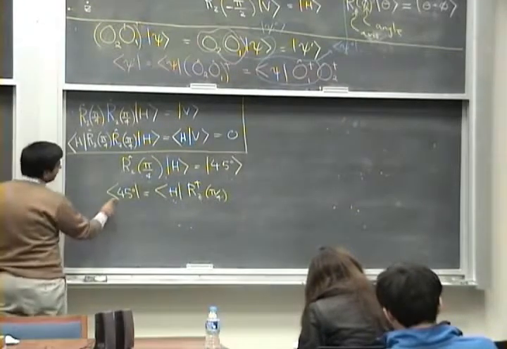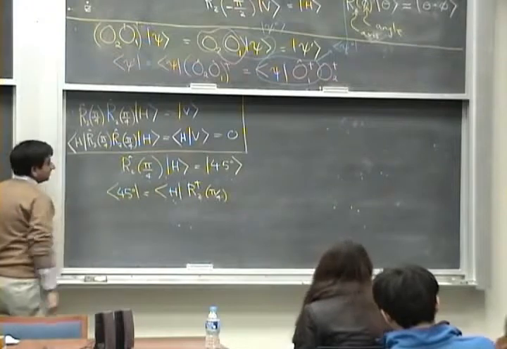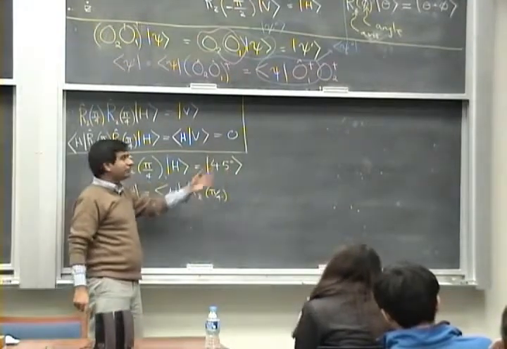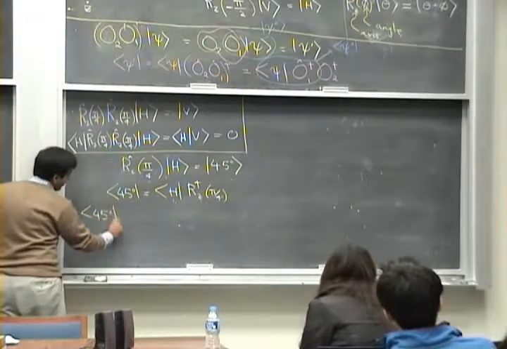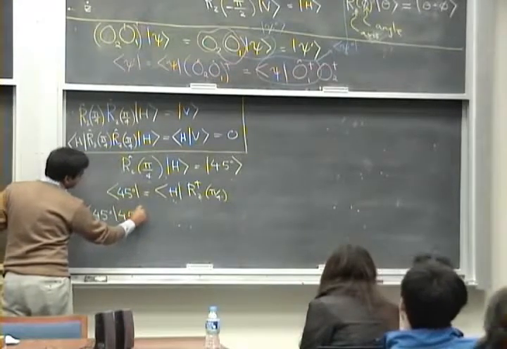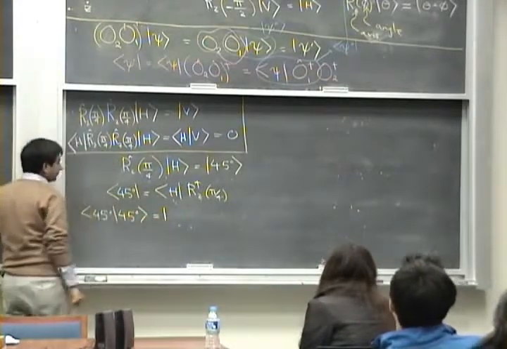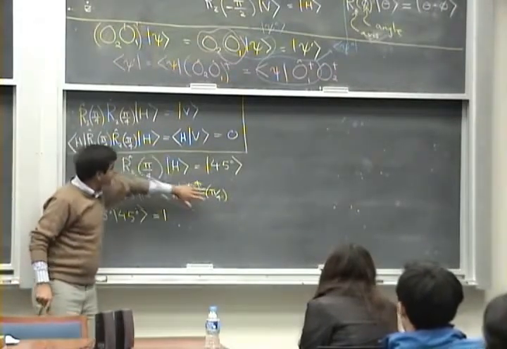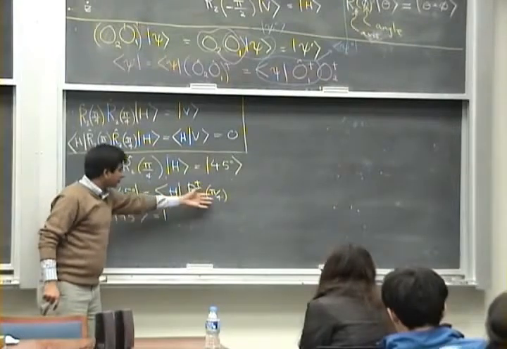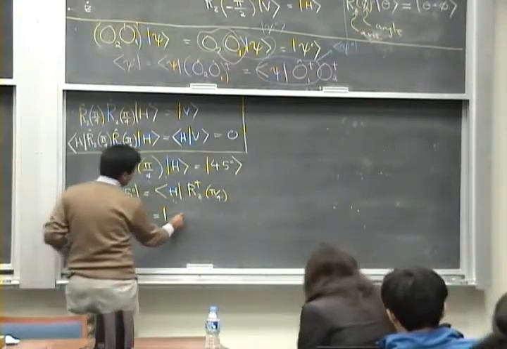Now, if I take the inner product of ket 45 degrees with another ket 45 degrees, what should I get? 1. So what I am going to do, I am going to take the inner product of this ket with the corresponding bra here.